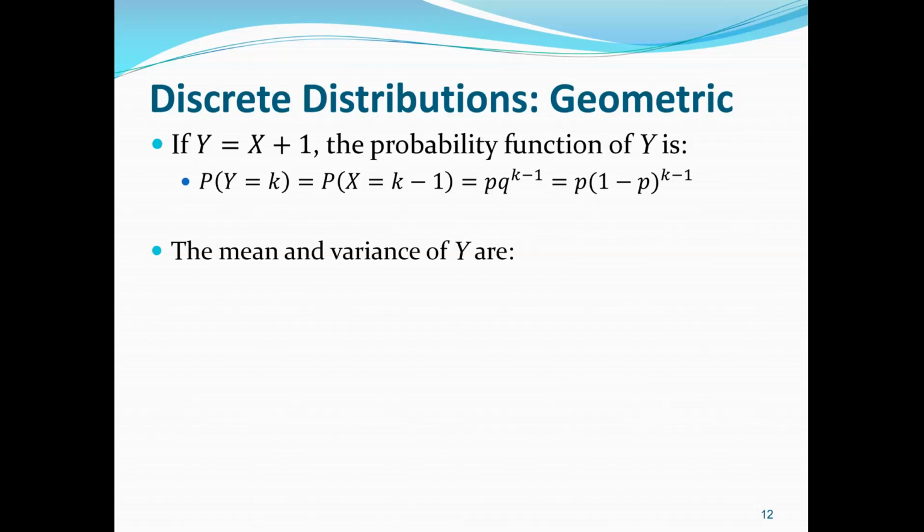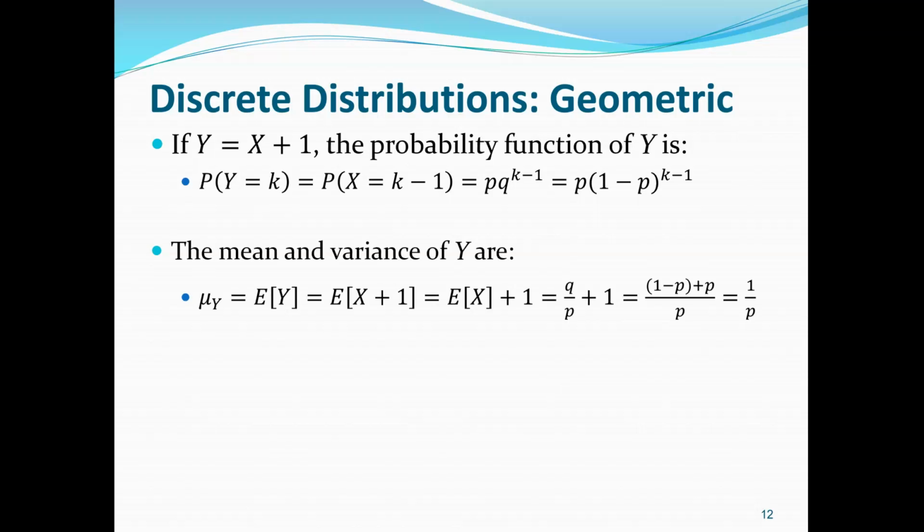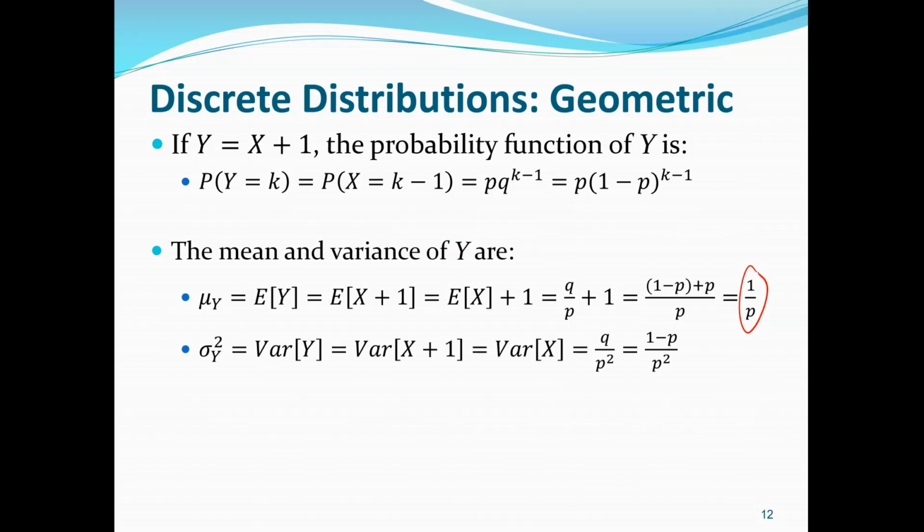And because your probability distribution changes here, your mean and your variance will also change. The mean becomes 1 over P if you're including all of the trials in your random variable. Actually, the variance doesn't change in this case. It's still q over p squared. So what changes is the mean and the probability function.